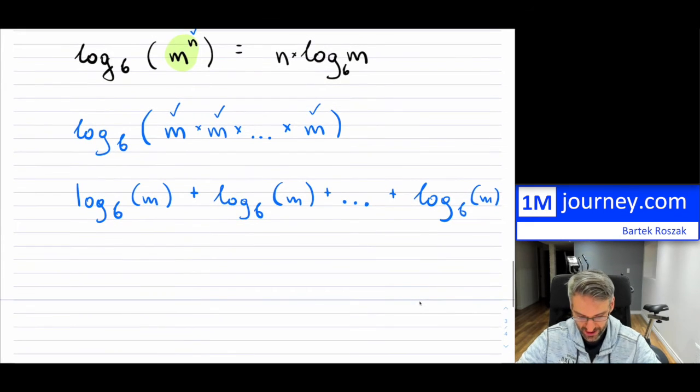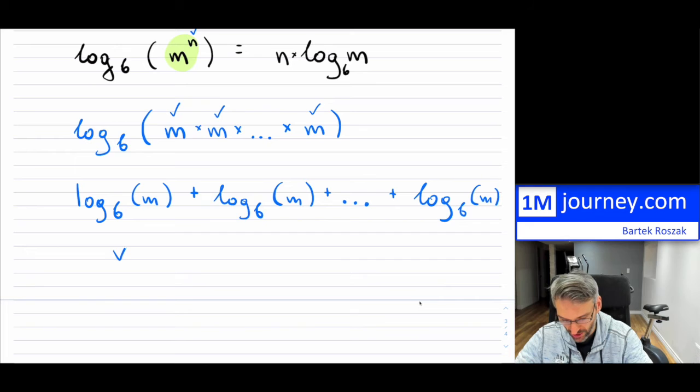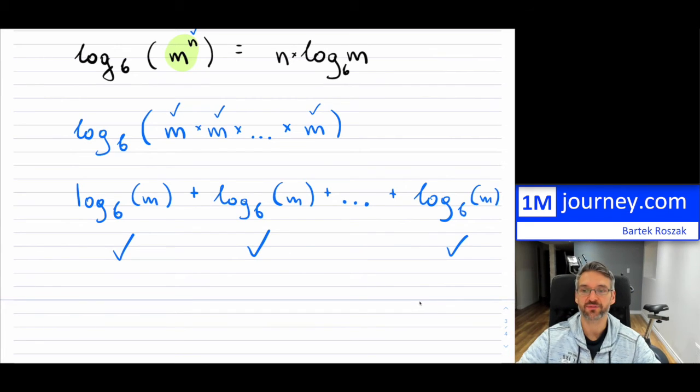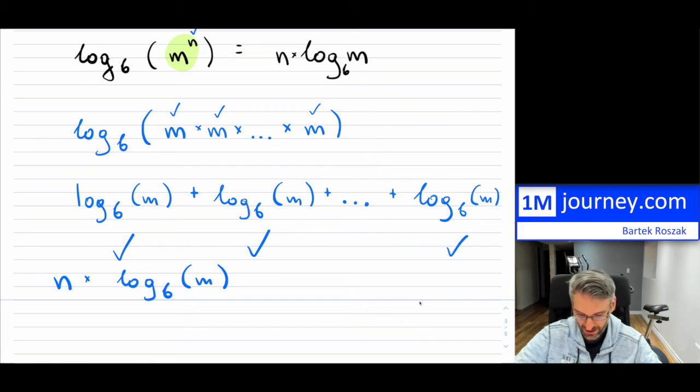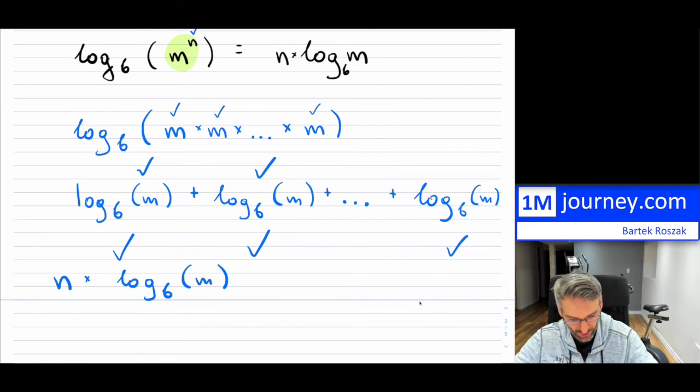But hold on a second. All of these are identical. These are all the same. So how many do I have of them, because I'm just adding them up? I have n of them. So this just means I have n multiplied by log b of m, because I have 1, 2, 3, 4, 5, all the way up to n.